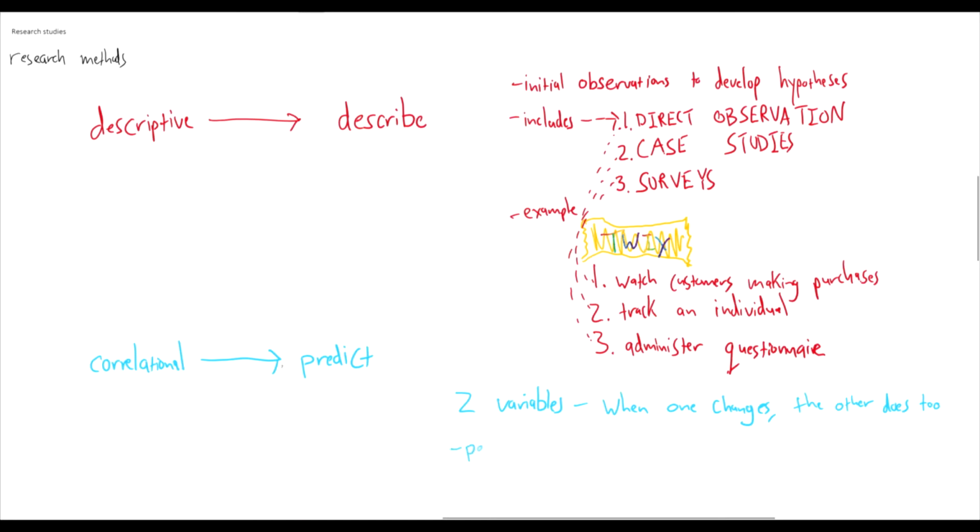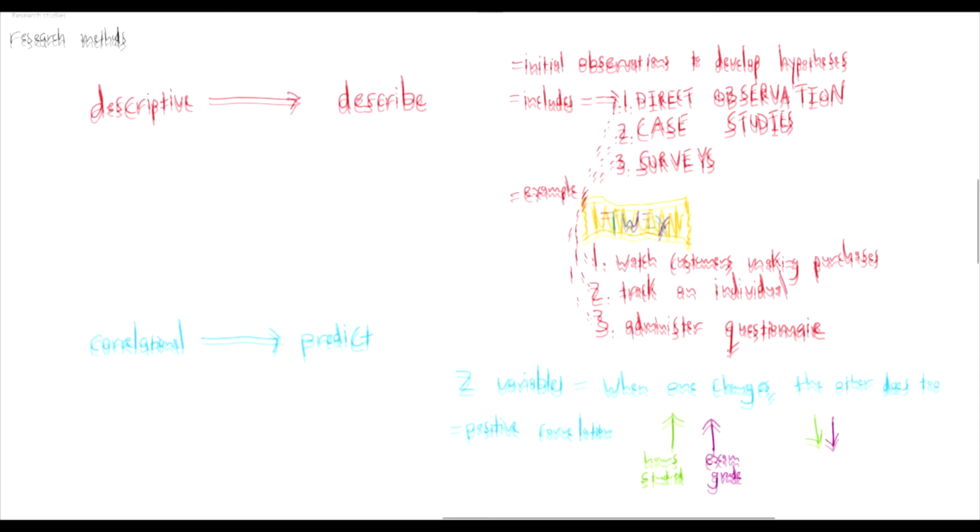One is a positive correlation, and this is when the two variables change in the same direction. So, for example, as the hours you study increase for an exam, your exam grade will tend to increase. This is a positive correlation. When one variable increases, the other variable increases. Now, this also is a positive correlation when your study hours decrease and your exam grades decrease.